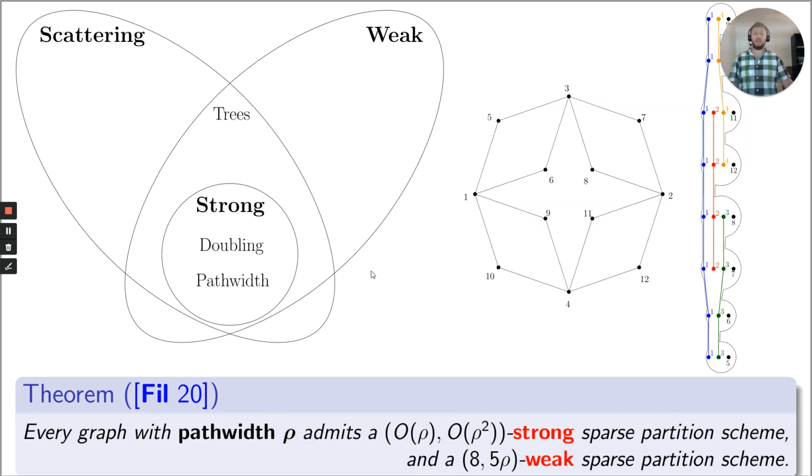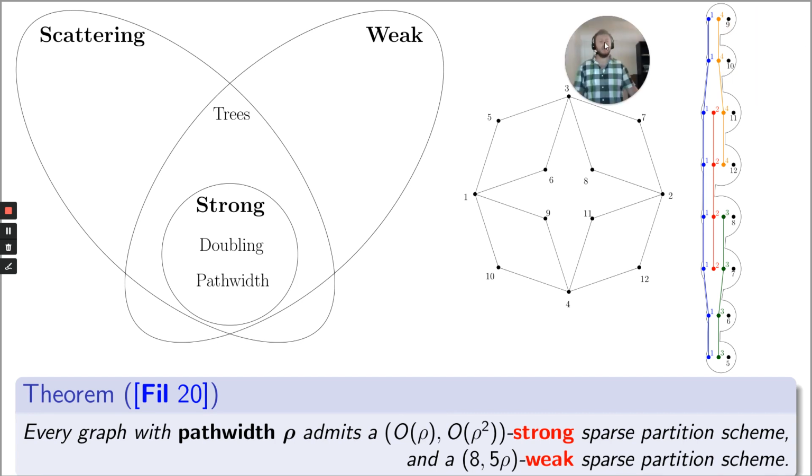Okay, the next family I want to discuss is path width. So path width here is kind of trying to measure how path-like your graph is, related to tree width as well. It has an important role in the Robertson-Seymour structure theorems. And we show that you can construct a good strong sparse partition and a good weak sparse partition.